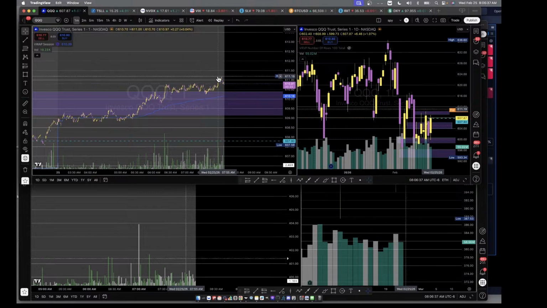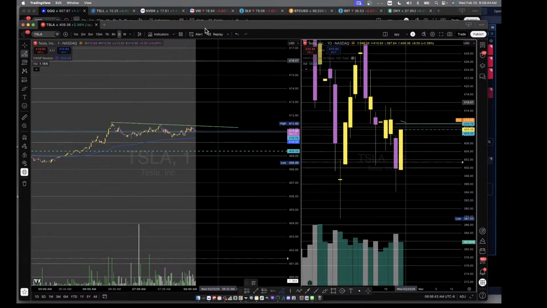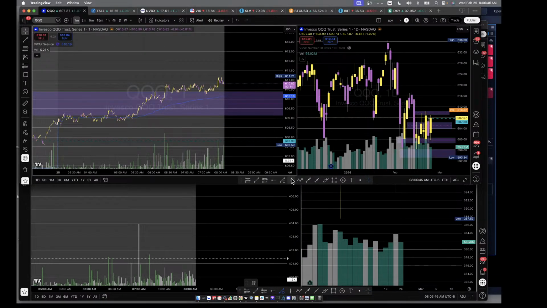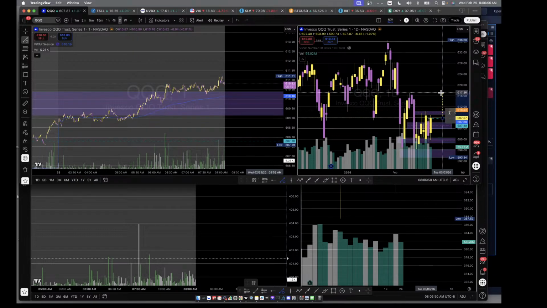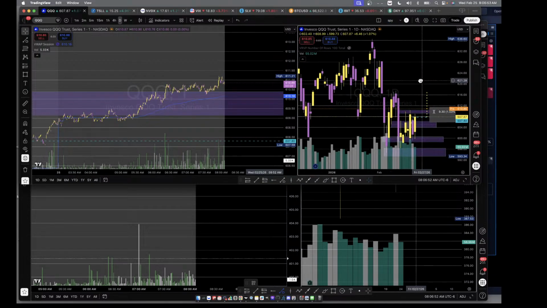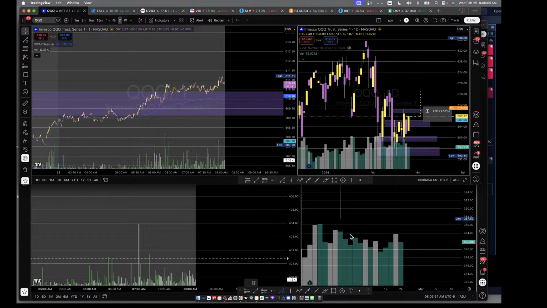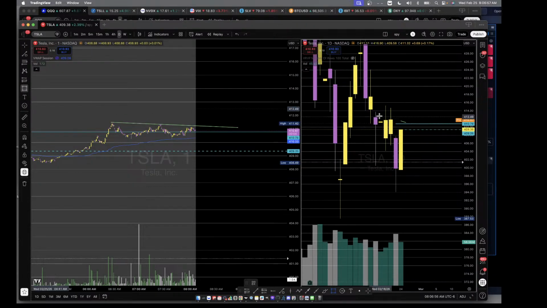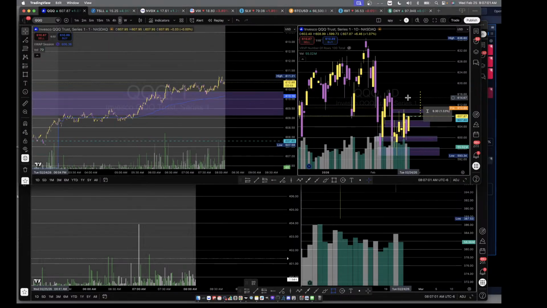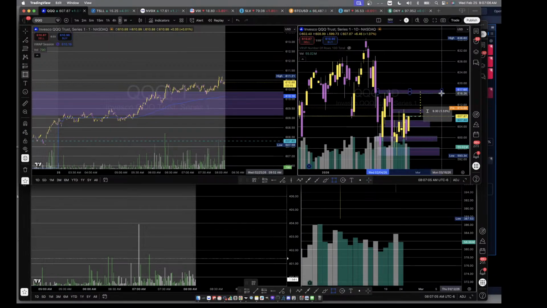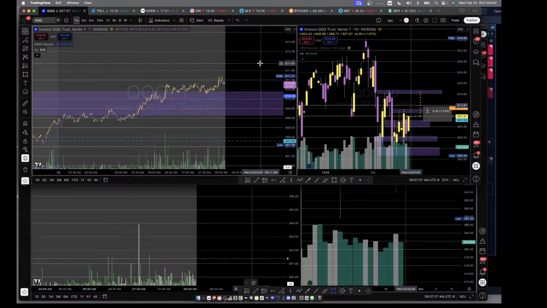So this is more like a break and continue. Possibly move 1% from there, which is maybe there. Let me see. 1.53. That's definitely possible.